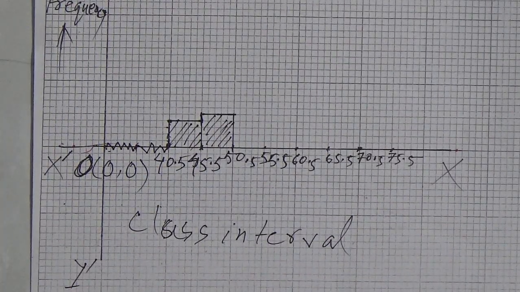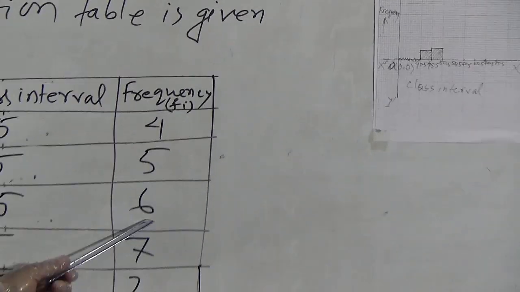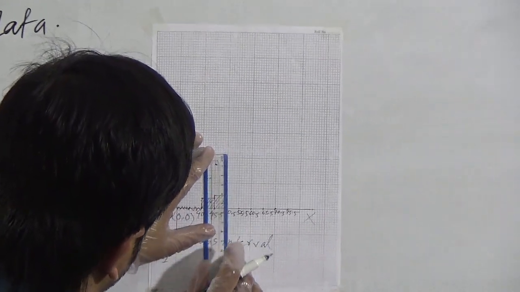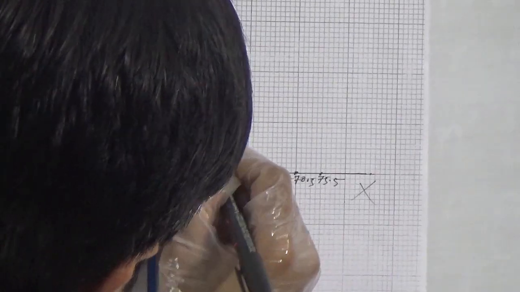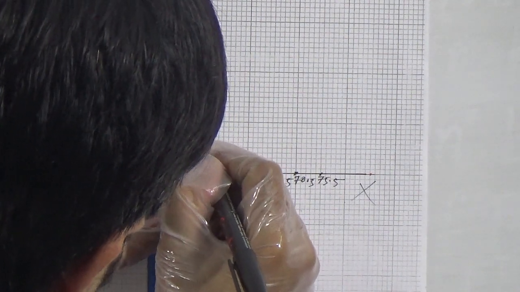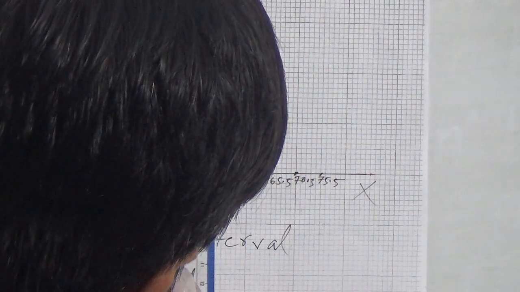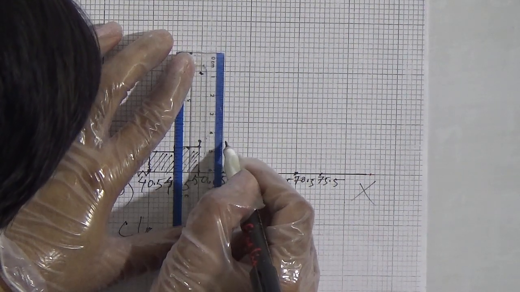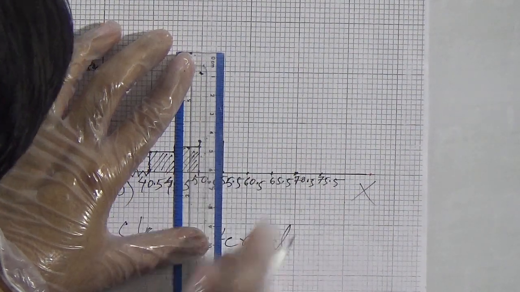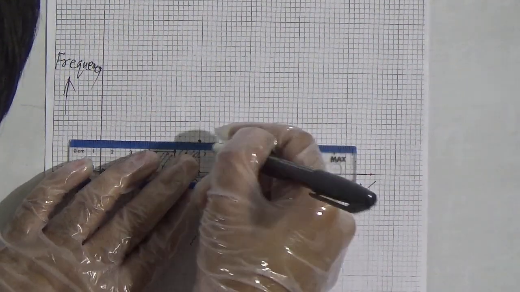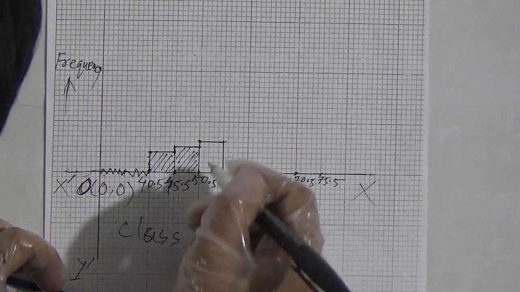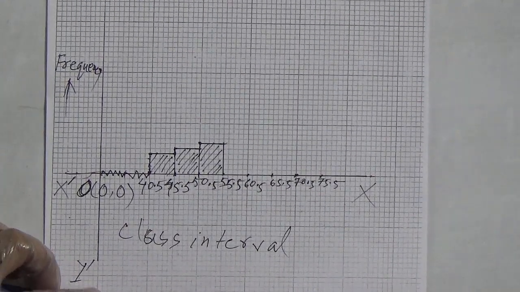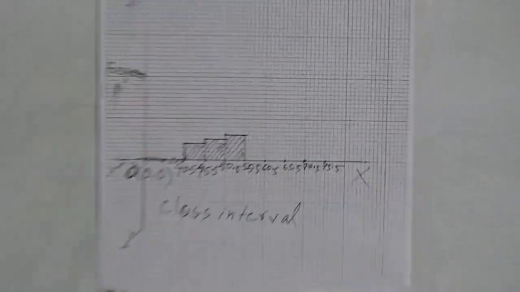Now we have to draw a rectangle for the third class. Here frequency is 6. So we have to indicate 6 along y-axis. This is the rectangle for the third class. In this way, we can draw all the rectangles for all classes.